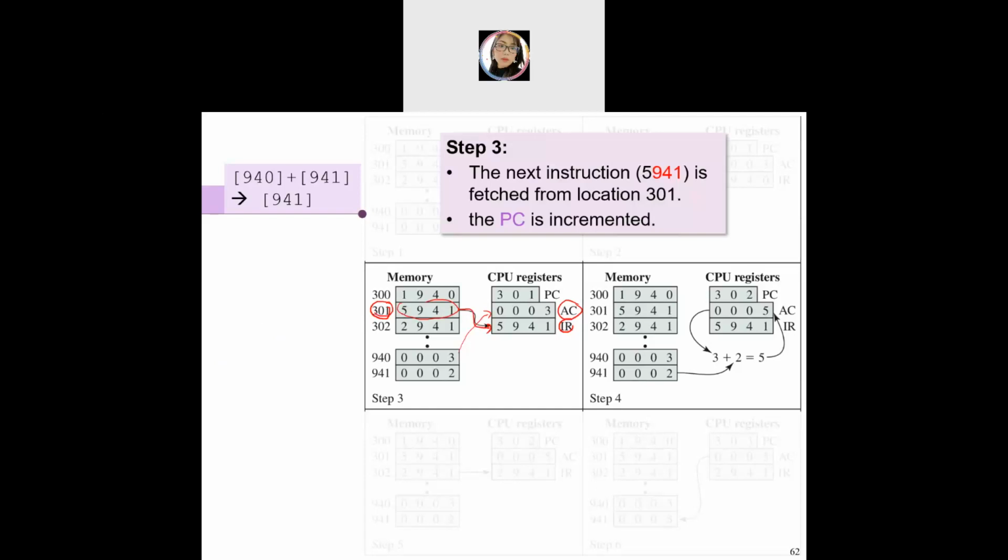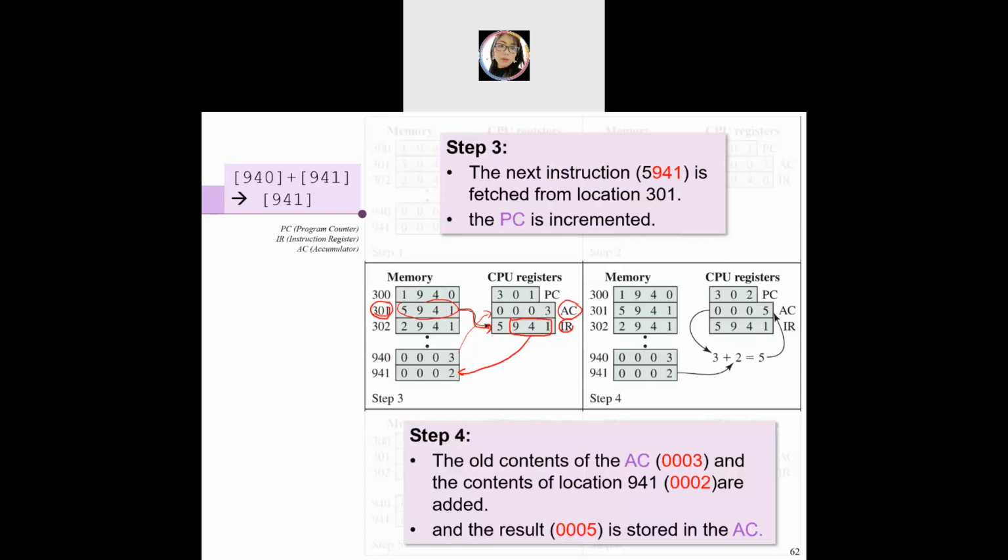And you're going to see that this value is not 1, and it's going to check the value of these addresses, 941. You can see this 941 is 0002.